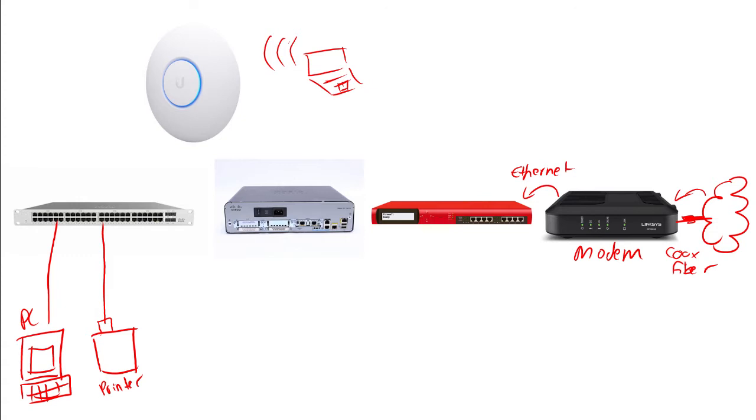The reason an enterprise network separates the function of each device is because if we put everything into one device, that device would become overloaded.